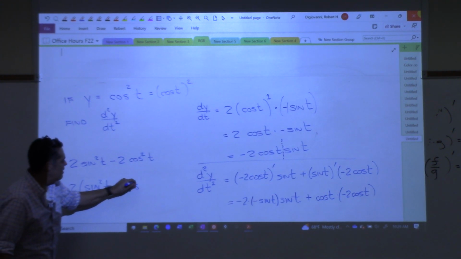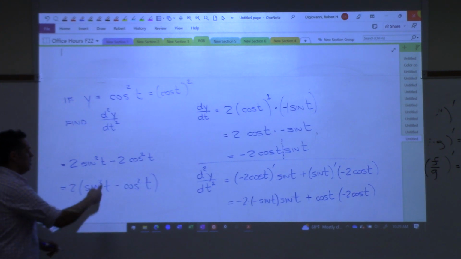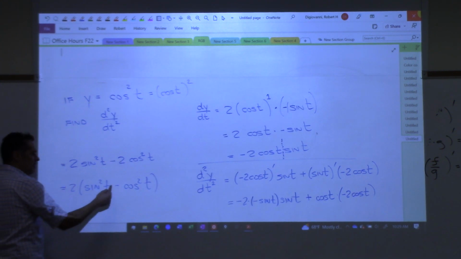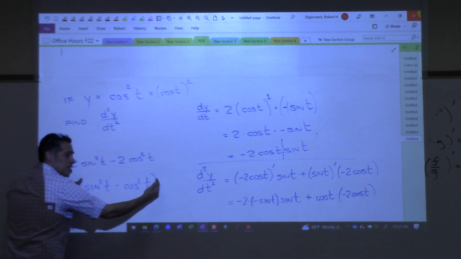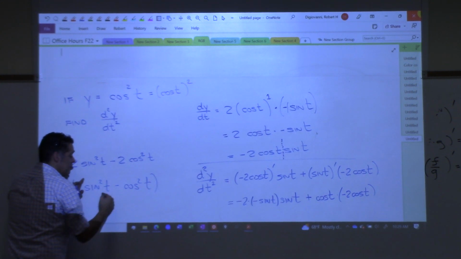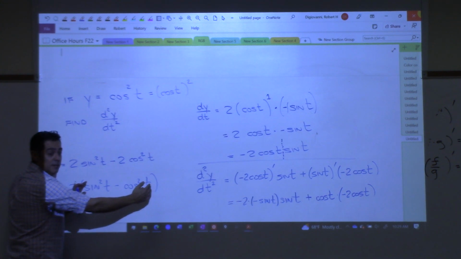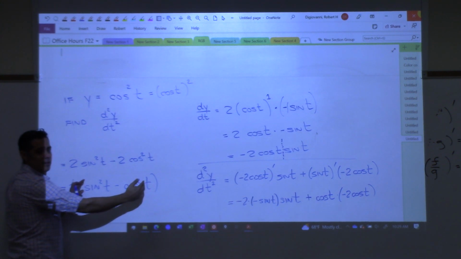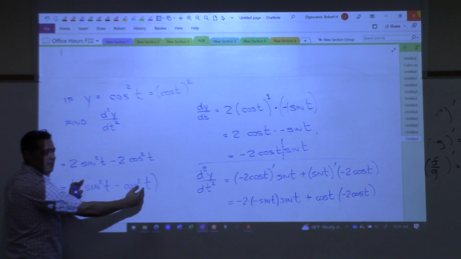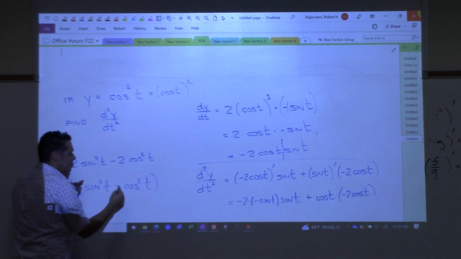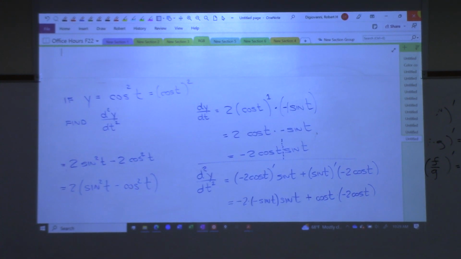If I pull a 2 out from both of these, and if that was a plus, what's sine squared t plus cosine squared t? What is that? 1. That's 1. Pre-cal, very important formula. But it's a minus, so I can't do that, all right?